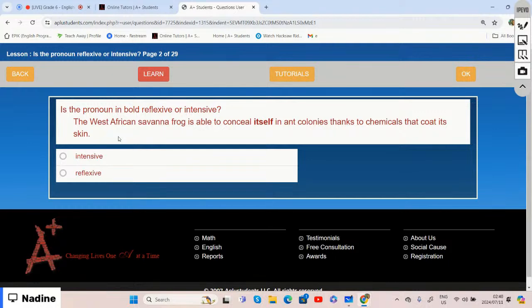The West African savanna frog is able to conceal itself in ant colonies thanks to chemicals that coat its skin. So we need to say if itself is an intensive pronoun or if it is a reflexive pronoun.